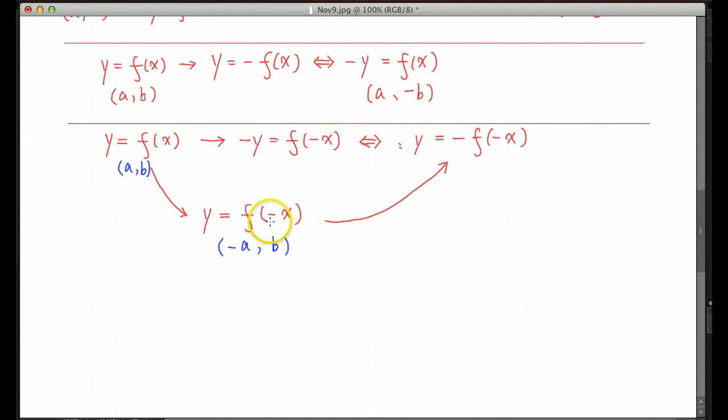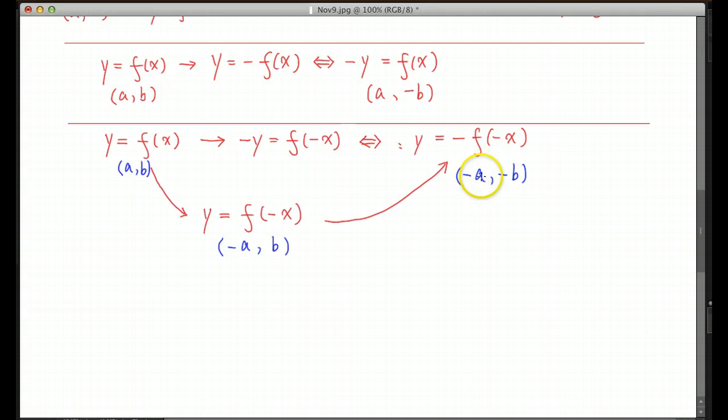And then the second step, from here to here, there's no change on the x-axis, because for negative x, you still have negative, so nothing changed on how you input the variable. So we still have the same thing for the x-axis, still -a. And because of this negative sign, as we explained, the y-coordinate b should be the opposite, so -b.